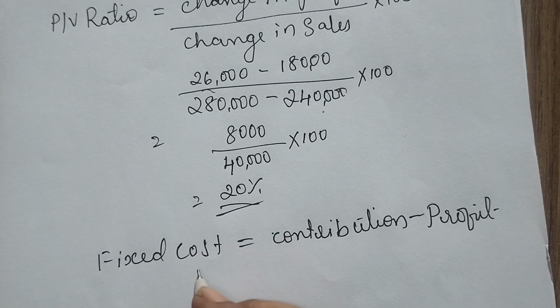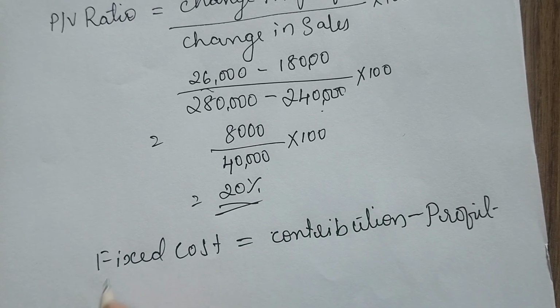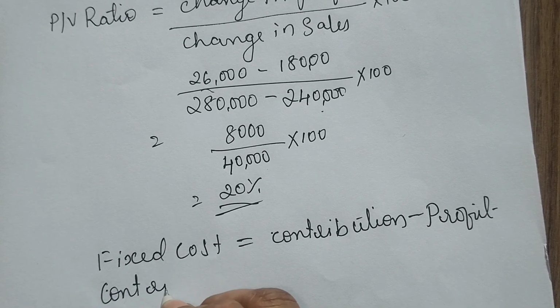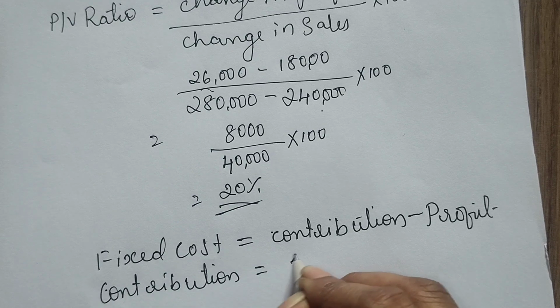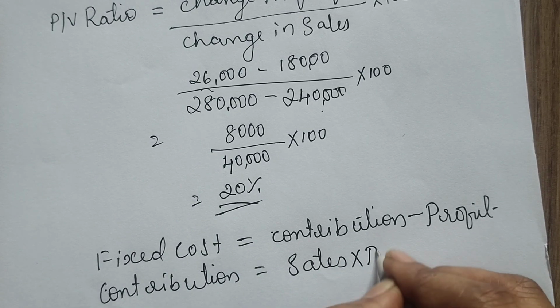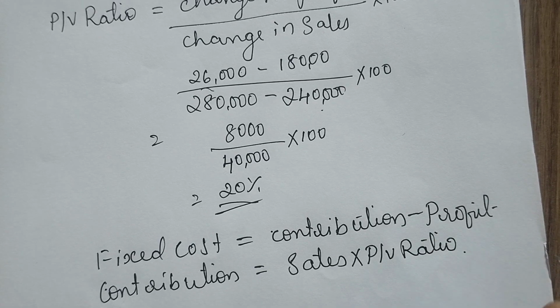Profit we know, right? Contribution we don't know, so first we have to find out the contribution. Contribution is equal to sales into PV ratio.